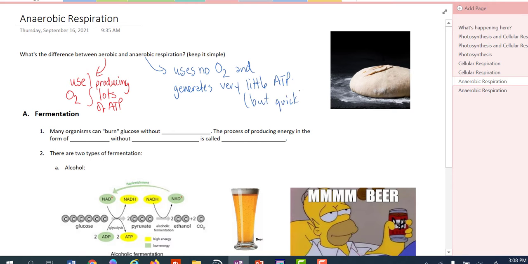So we understand the nature of both and why it might be beneficial for an organism to undergo one or the other.